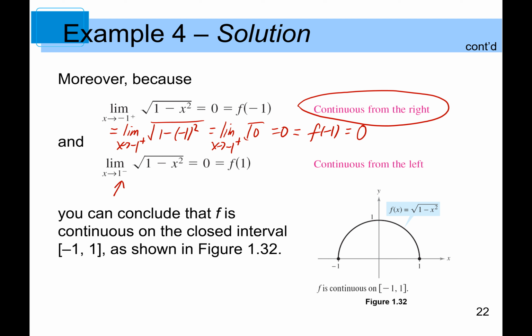So similarly, we replace x with 1. So we get the radical of 0, which is 0.